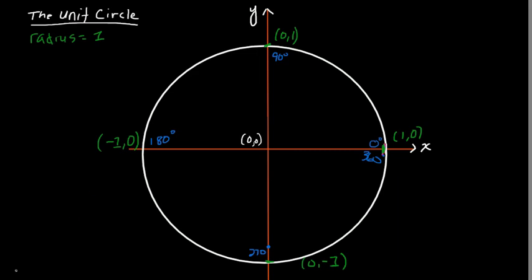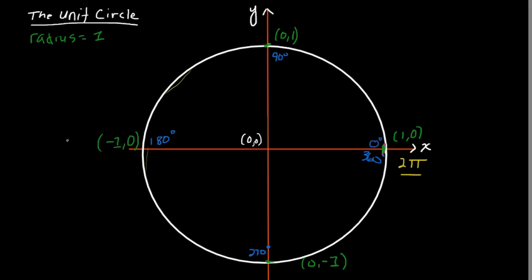All right, what else do we know? We also know that all the way around the circle, if we were to start and move all the way around the circle, it's 2 pi radians, and since it's the unit circle, the radius is 1, so it's just 2 pi is that distance.